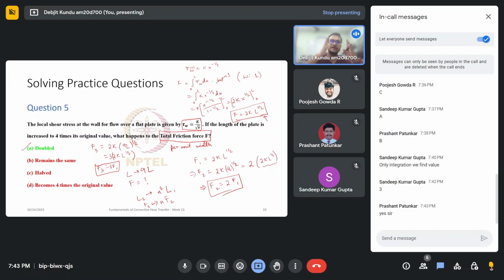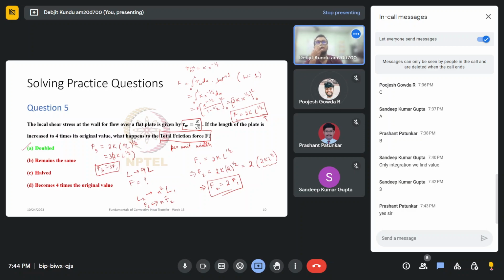So increasing the length of the plate would increase the frictional force as well. 9 by 2, sir. I did 9 by 2. No, you can't do 9 by 2. You have to take the square root of 9. You're getting why you need to take the square root, right? Not half. 9 to the power half you have to do.